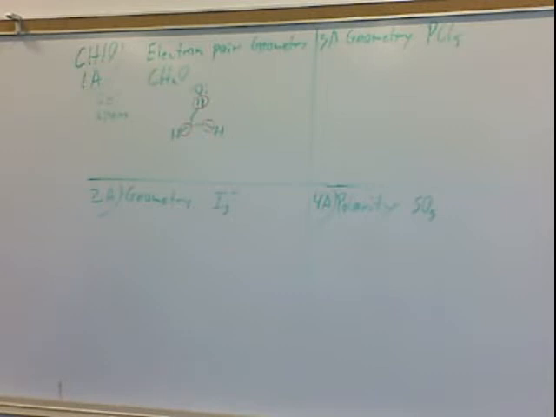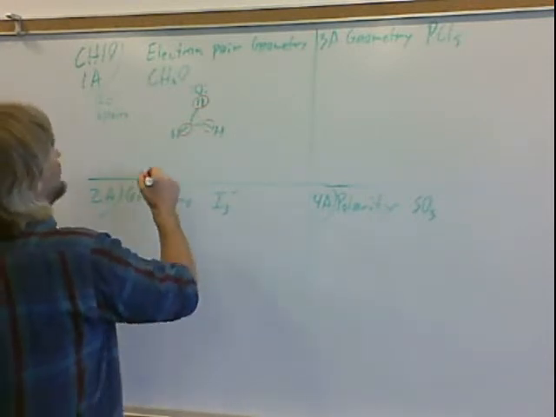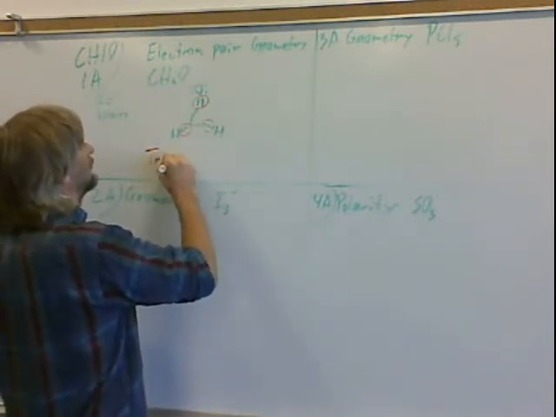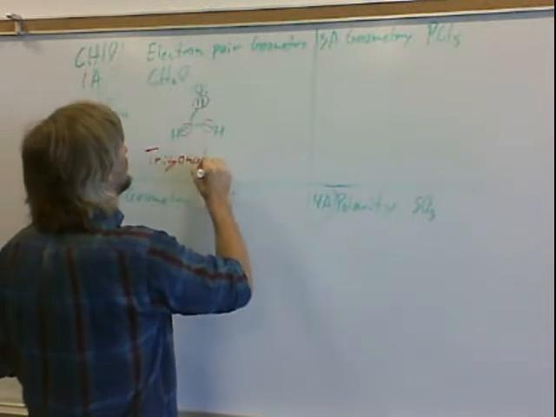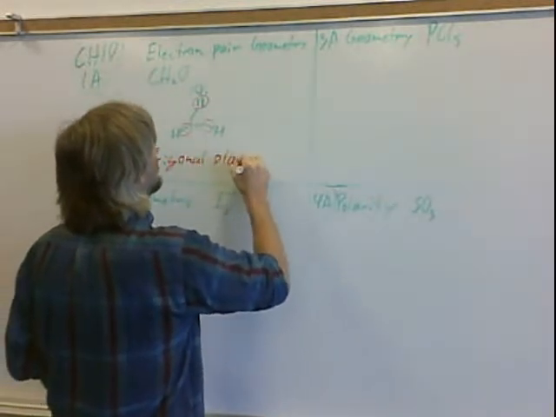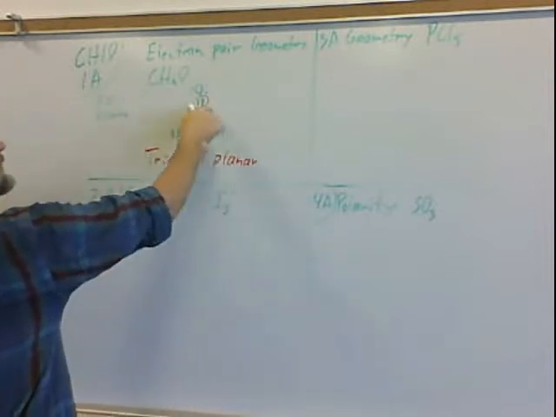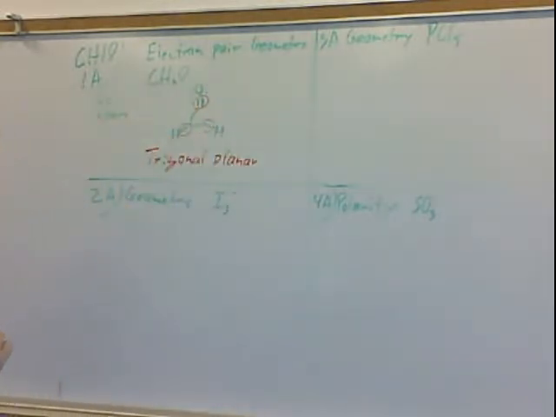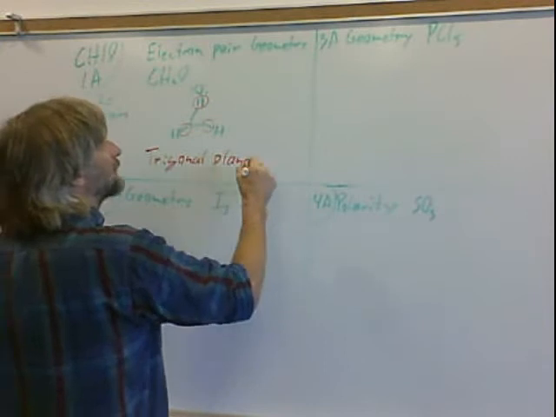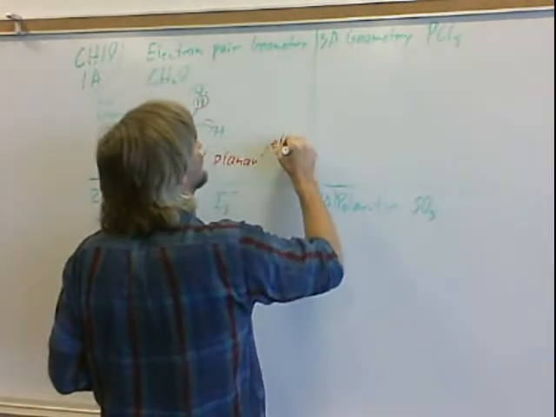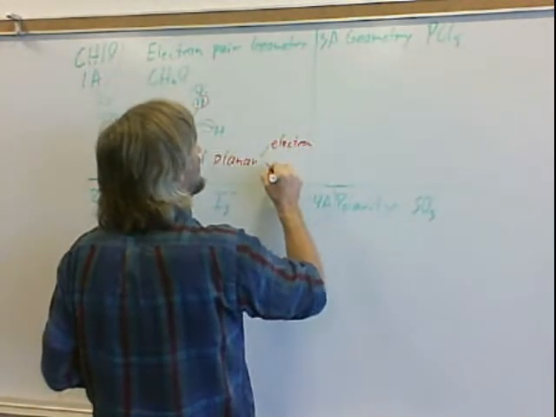So we have 3 electron groups on the central atom. 3 electron groups getting as far apart as possible give us a trigonal planar geometry. And since there are no lone pairs on the carbon, this is both the electron geometry and molecular geometry.